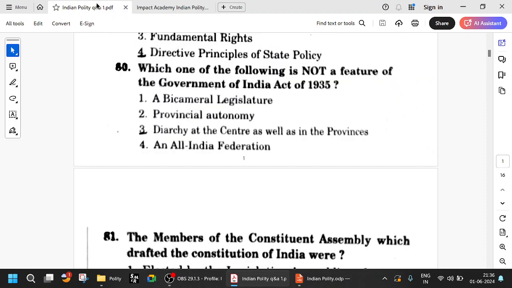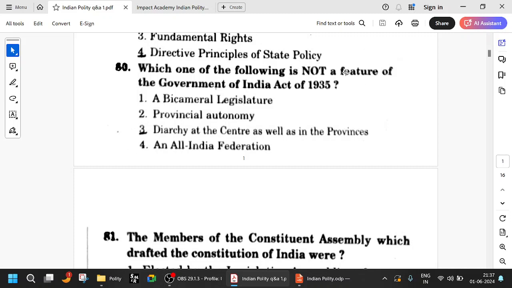So the question is, which of the following is not a feature of Government of India Act 1935? Diarchy at the center as well as in the provinces. So basically, diarchy was in 1919. Diarchy was introduced in the provinces. So in 1935, diarchy was abolished in the provinces, and provincial autonomy was introduced in its place. So this is correct. And diarchy was introduced in the center. So this is also correct, but not in the provinces.